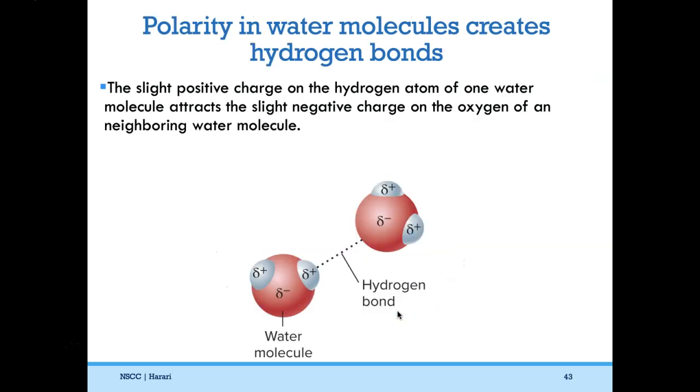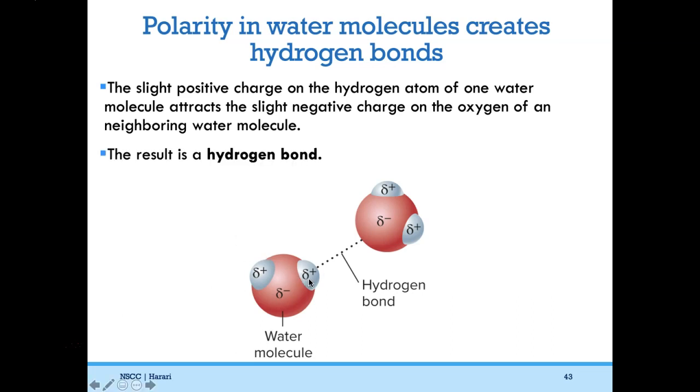Because polarity in water helps explain hydrogen bonds, which is the last type of bond we're going to talk about. And hydrogen bonds are what explain why water sticks closely to each other. So water molecules stick very tightly to each other because of hydrogen bonds.